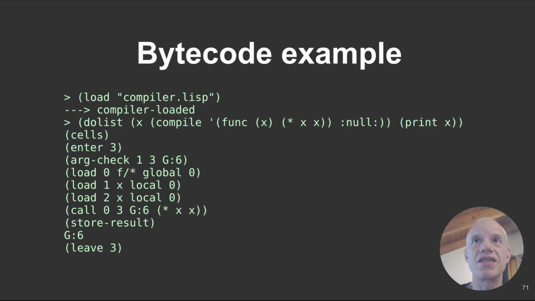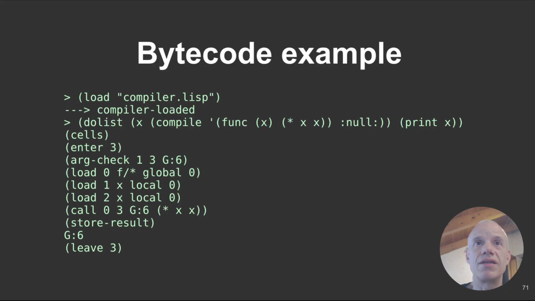Global index 0 means global to this function. And then you have load to slot 1, the first parameter, that is local 0. And load again the same in slot 2, temporary 2. I'm loading the same parameter again.